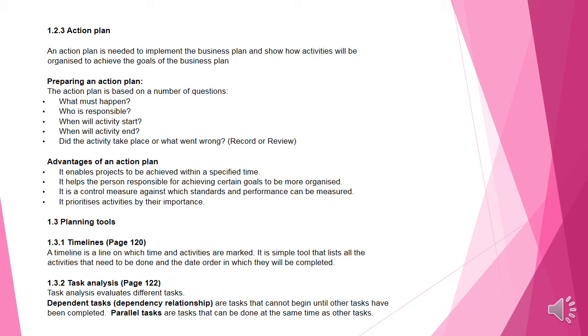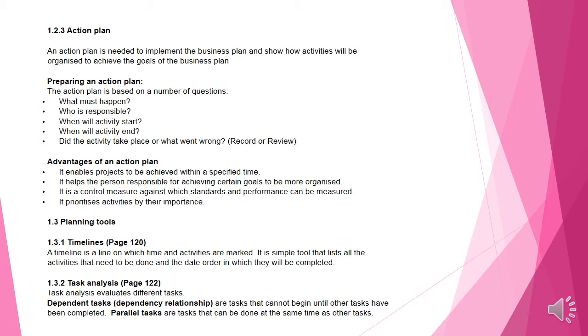The task is that the question paper must be set, printed, and completed. Someone must set a question paper and complete it by the 23rd of June. Obviously, it is written on the timeline that by the 23rd of June, that question paper was completed. And then the printing must be done by the 28th of June.